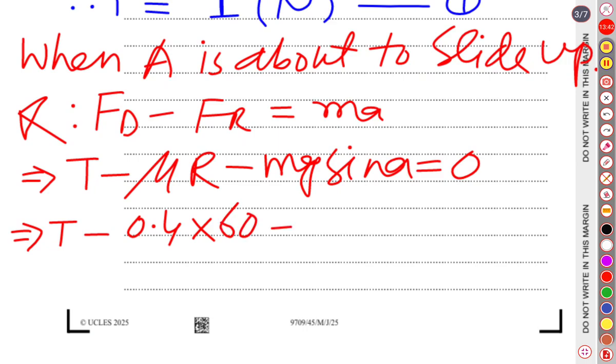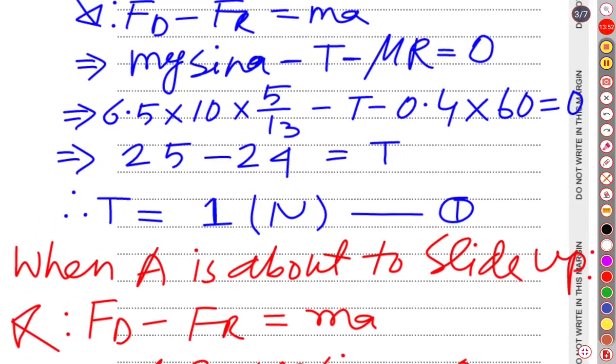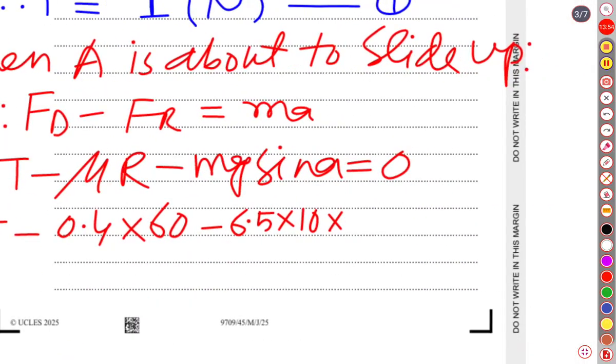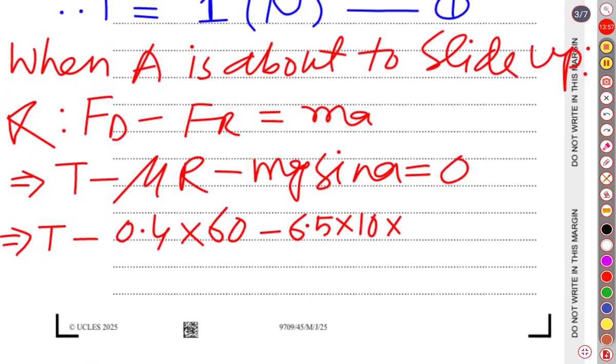60 minus mass of particle A is 6.5, into acceleration due to gravity 10, and sine alpha we have already used. Sine alpha was 5 over 13. So it is 5 over 13 equal to 0.